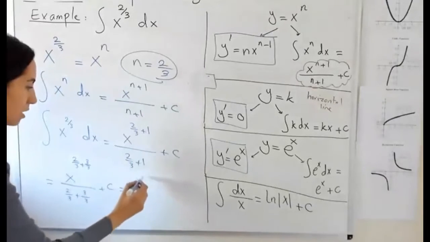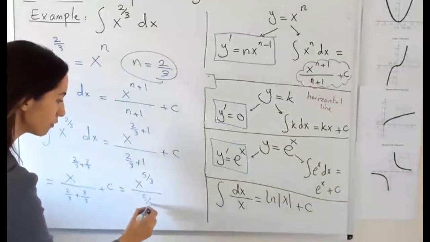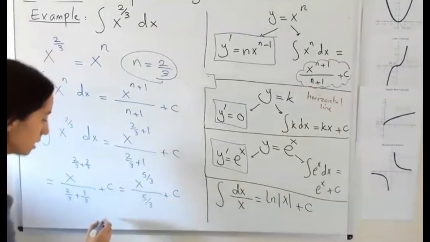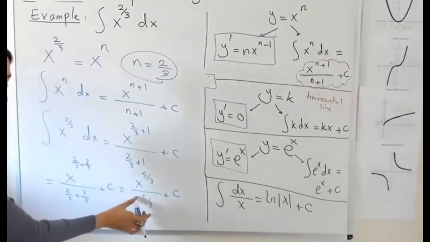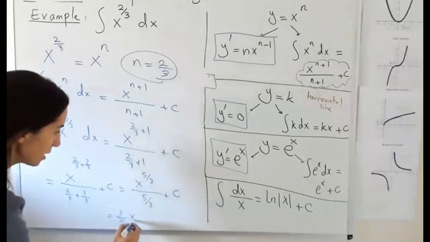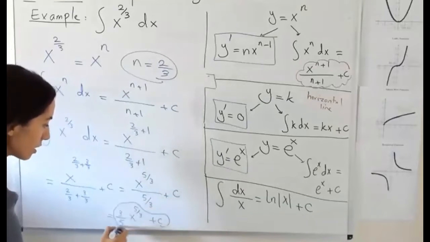You get x raised to 5 thirds divided by 5 thirds plus c, which is equal to 3 over 5. I'm flipping the denominator, and x raised to 5 thirds plus constant of integration.